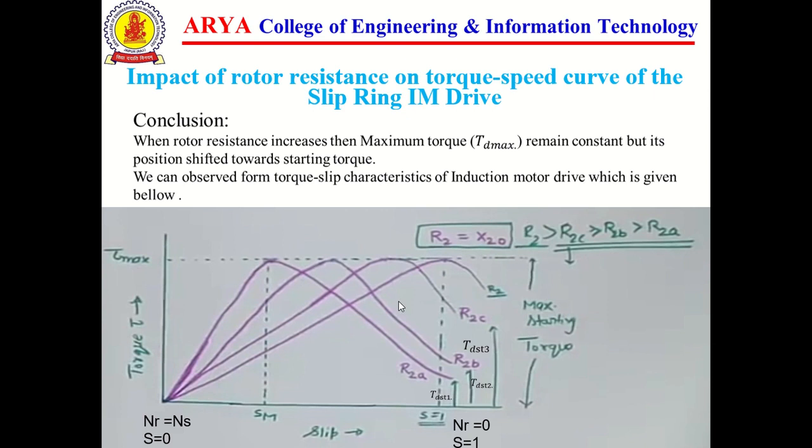When the rotor resistance is R2A, first the torque increases linearly because torque is directly proportional to the slip.